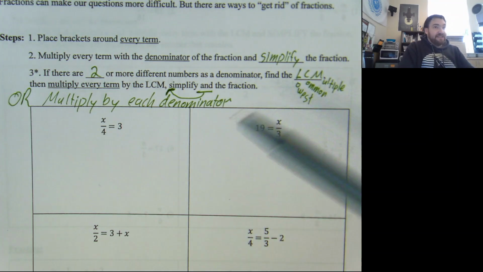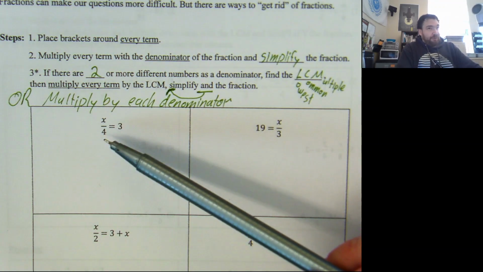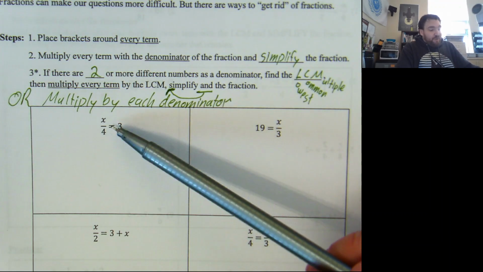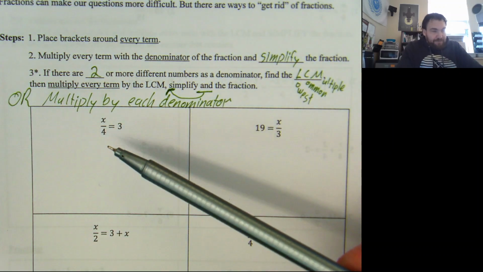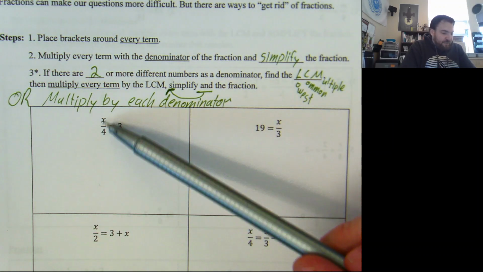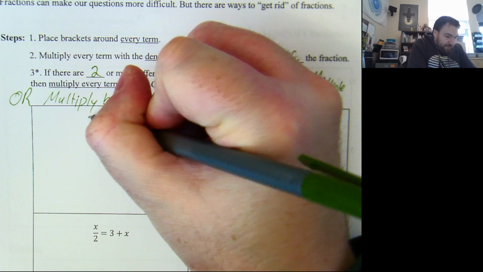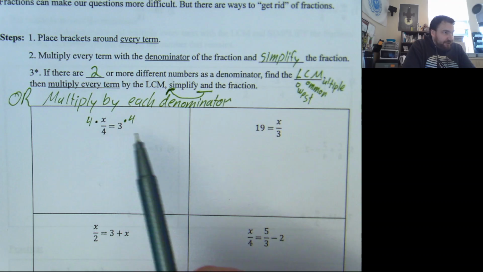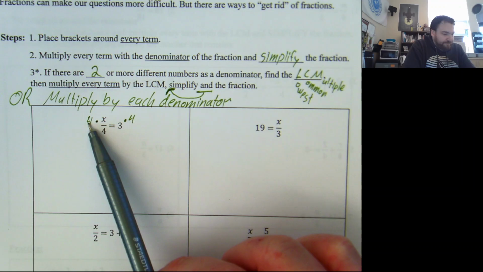So when we're trying to isolate for a variable, we always want to do the opposite operation to get rid of what's there, to get the variable by itself. So if a fraction is just division, to get rid of it, we're just going to multiply. So if I've got x over 4 equals 3, I want to multiply both sides by what we're dividing by. Whatever I do to one side, I have to do to the other. The opposite of dividing by 4 is multiplying by 4.